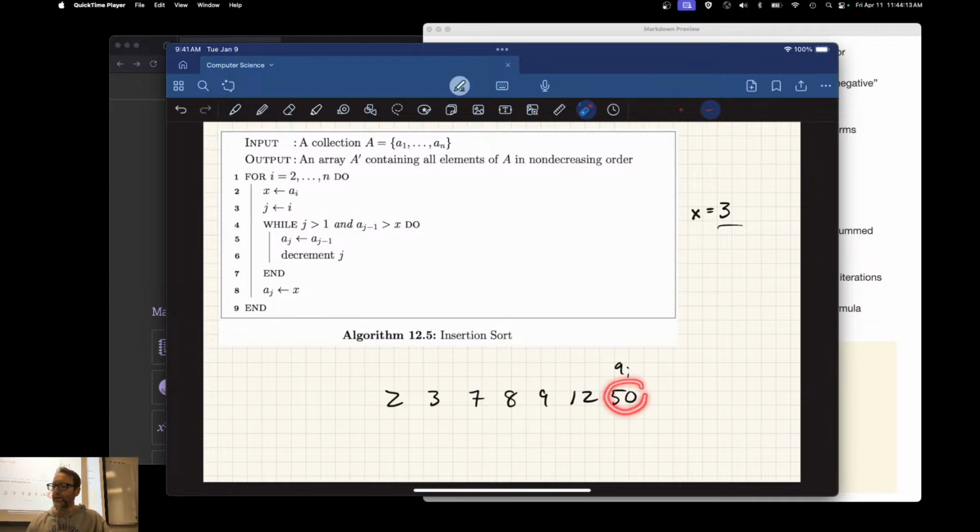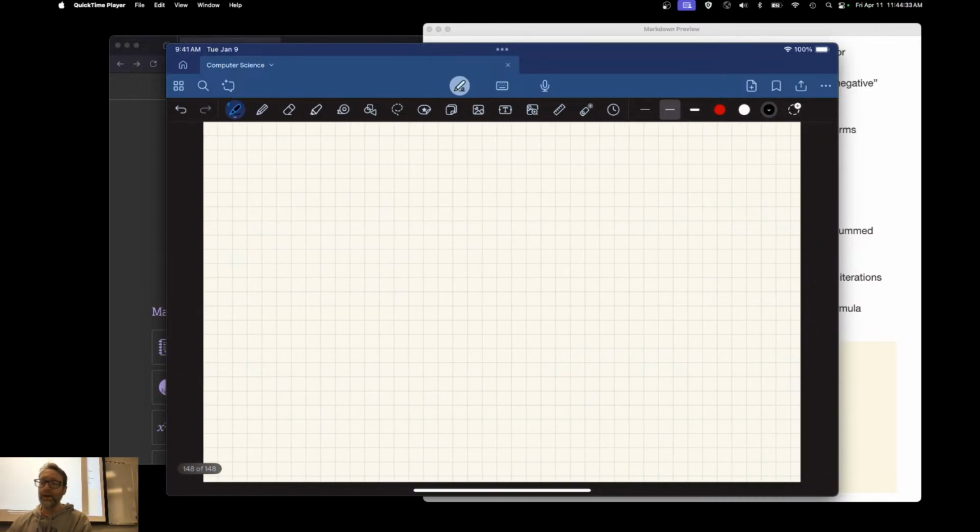Immediately I find out that it's where it needs to be. So even though I saved it off over here in X, it ends up coming right back to where it started. How many comparisons did I make there? Just 1.